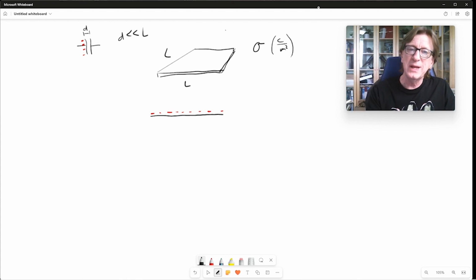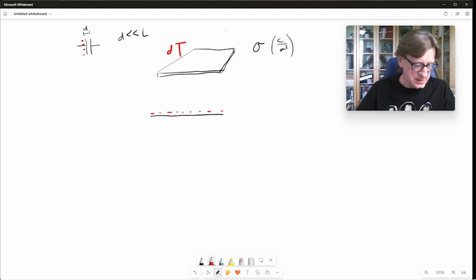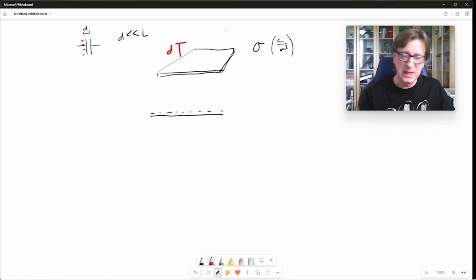And I want to know what is the electric field at some distance d from that plate. And hopefully you can see why we would want to use that, because that's where my other plate, my positively charged plate, is going to be. So that's our interest in that. All right, so let's derive an expression, and let's use Gauss's law.